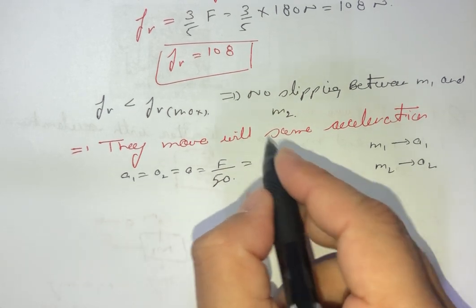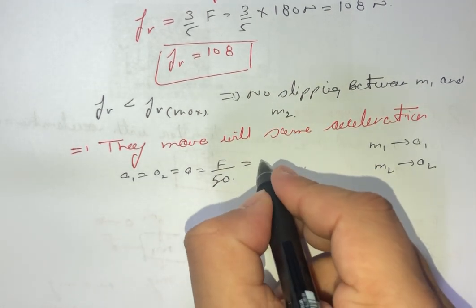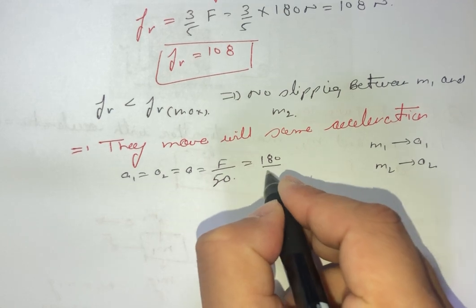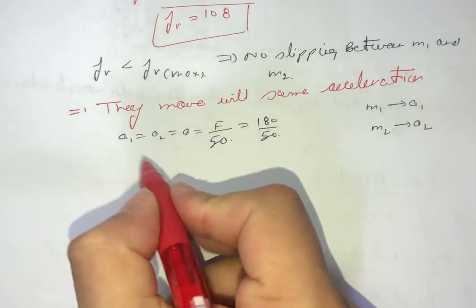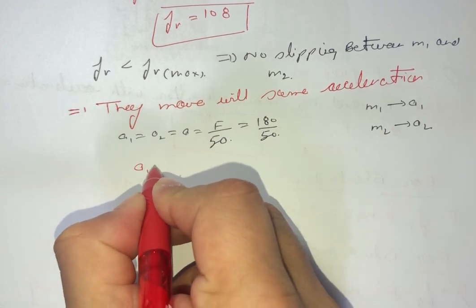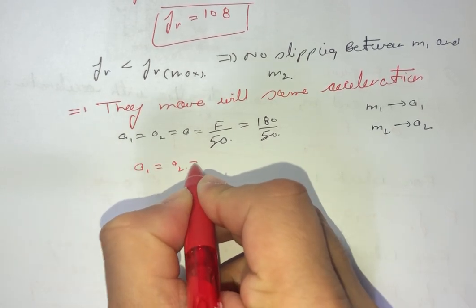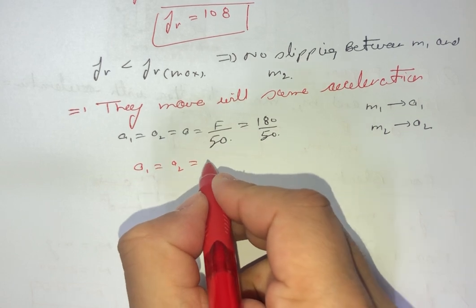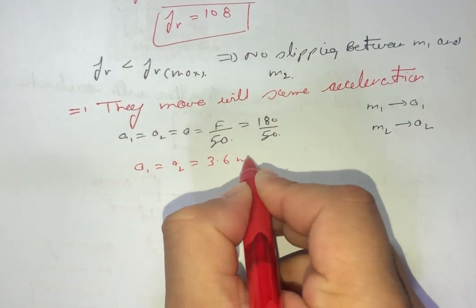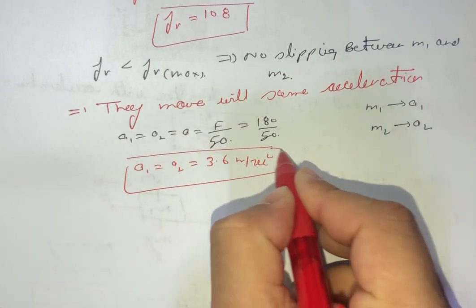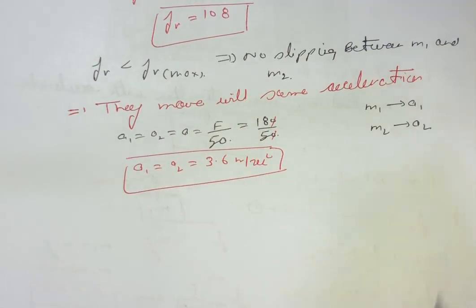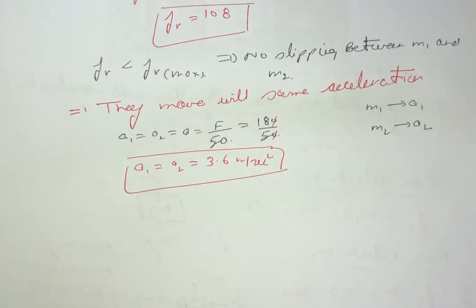We know the value of force applied, 180 Newton, 180 divided by 50. So we get acceleration of m1 equal to acceleration of m2 equal to 3.6 meter per second square.